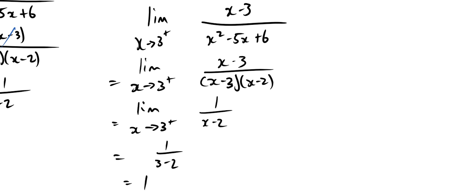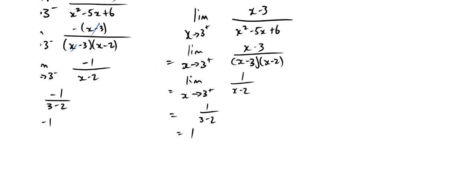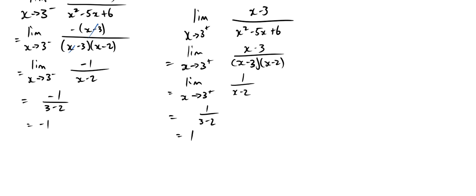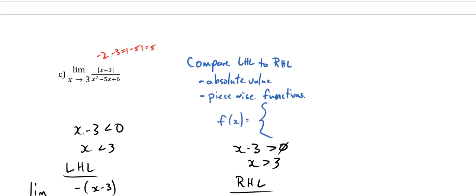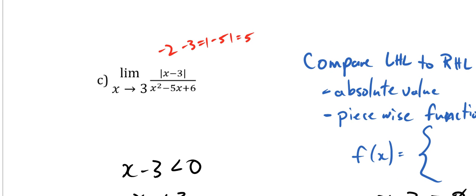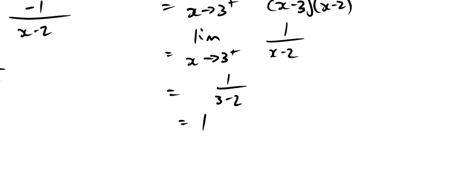Ella? Yeah, so what was the original question? We did all this work, but what was our original question? It was asking us to find the limit as x approaches 3 of that thing. And when we remember the definition of a limit, if it has a left-hand limit and a right-hand limit, fine. But if they're not the same, then we say the limit does not exist.